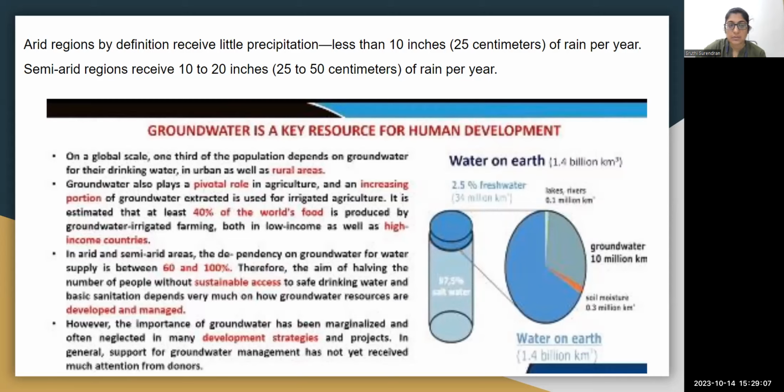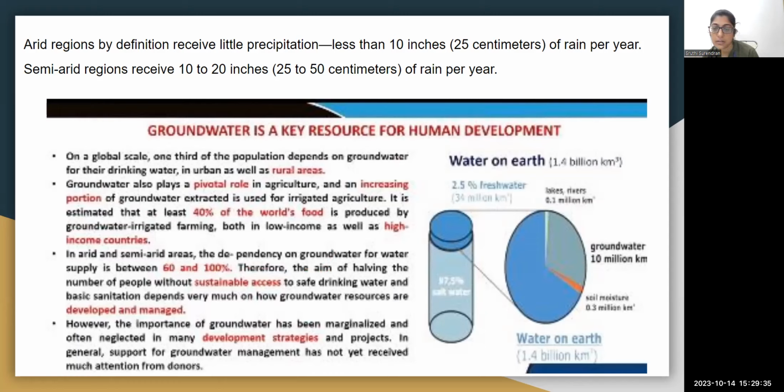So in such areas which get less rainfall, obviously the surface water as a source will be less, options will be less, so they have to depend more on groundwater. So in arid and semi-arid areas, the usage of groundwater extends from 60 to 100%. You can see here the dependency on groundwater for water supplies is between 60 to 100%.